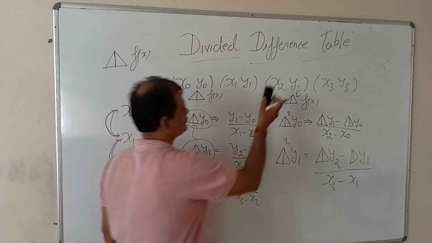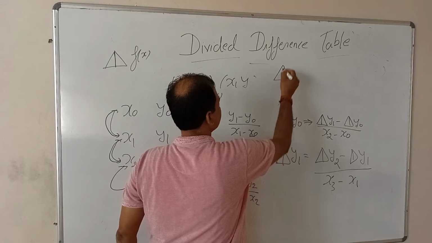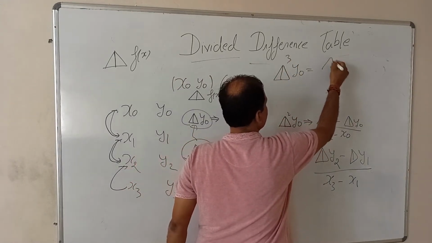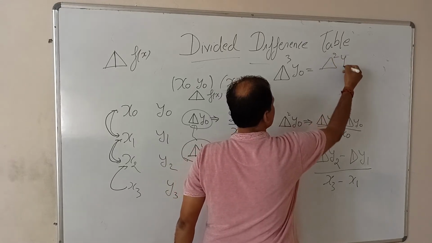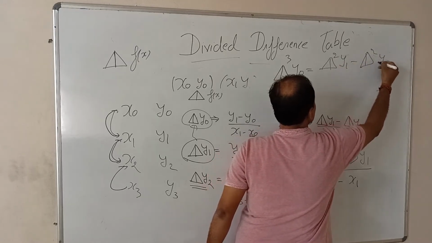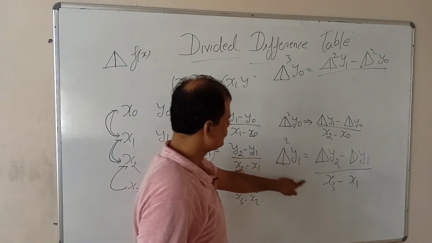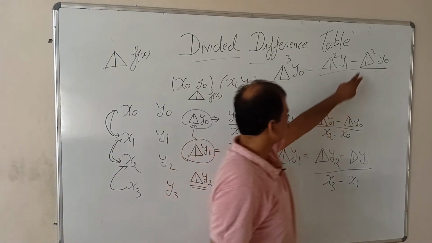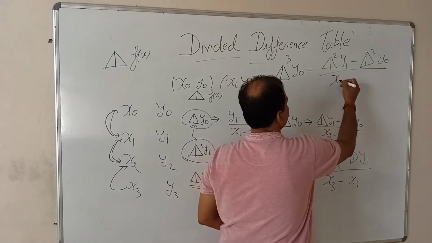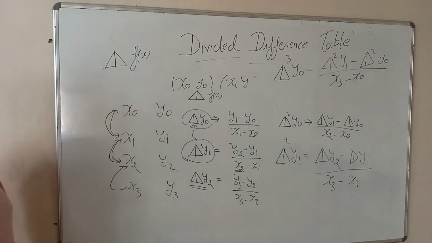Del cube of y0 will be (del square y1 minus del square y0) divided by x3 minus x0. So this is your divided difference.